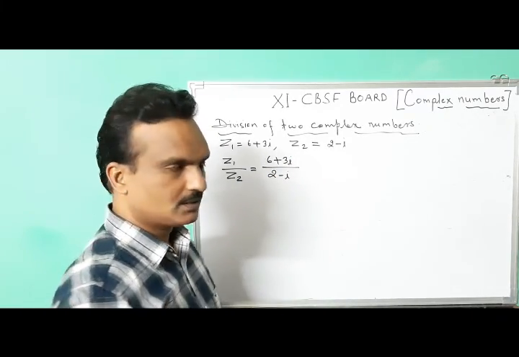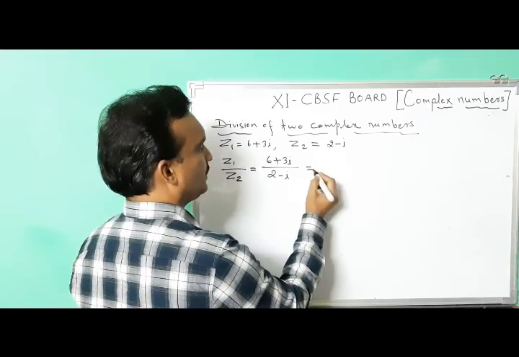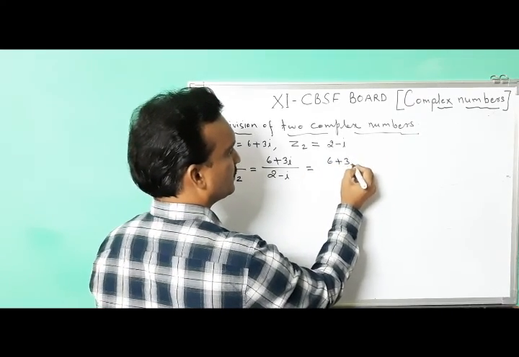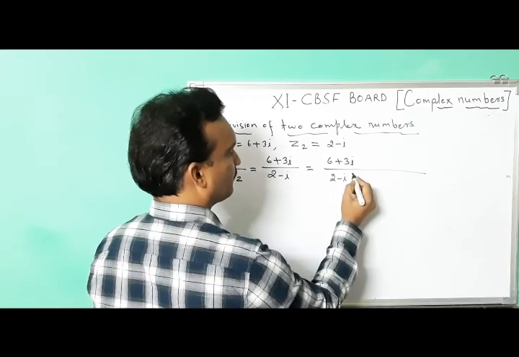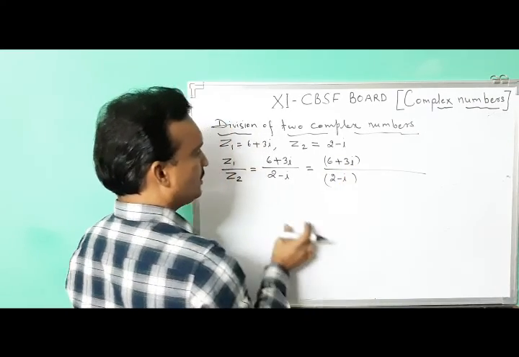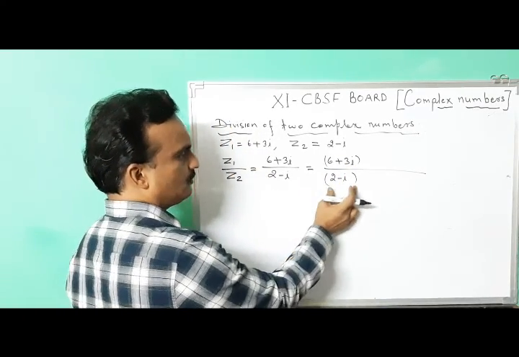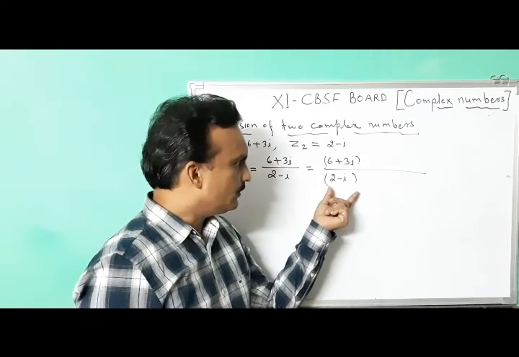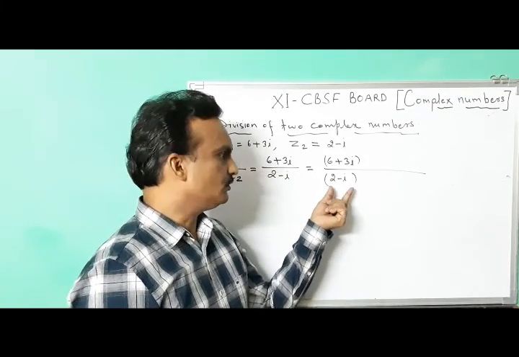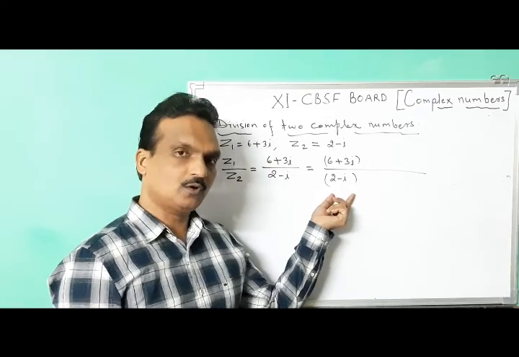Now how to divide this? This is equal to 6 plus 3i upon 2 minus i. In the denominator here you have 2 minus i. Okay. So we will take the conjugate of 2 minus i. Now how to take the conjugate?